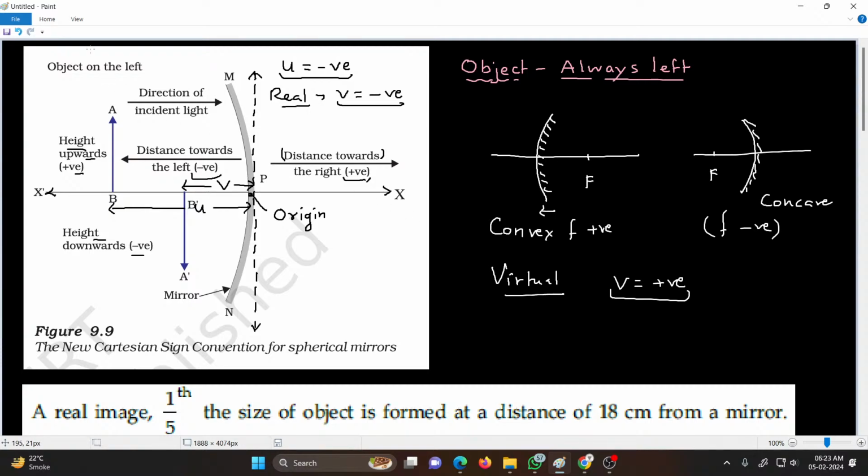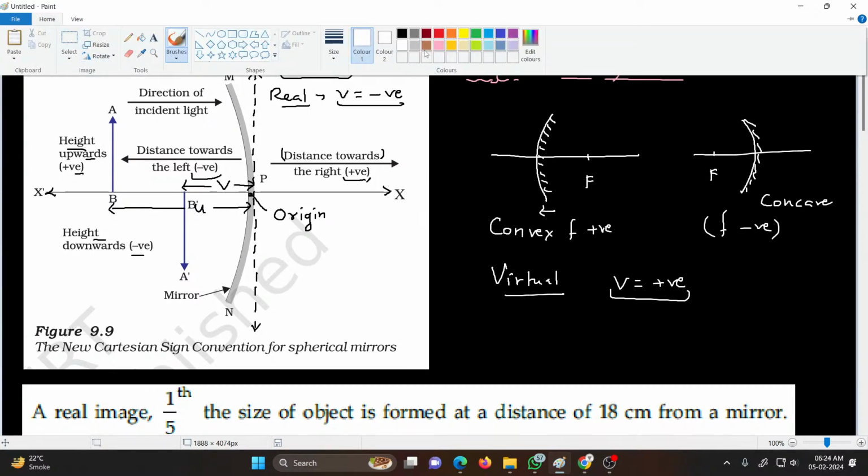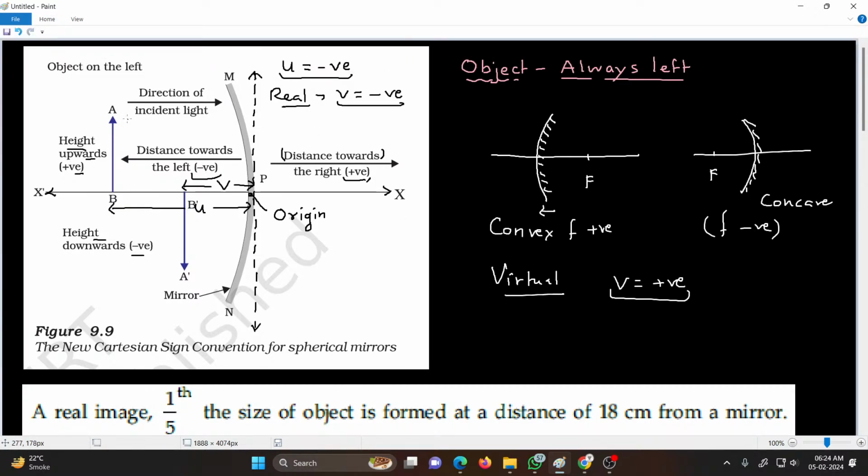As far as the object height and image height are concerned, the object is generally erect, hence object height h is generally positive.